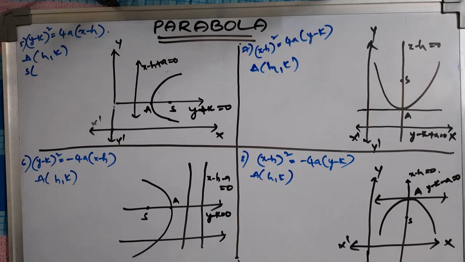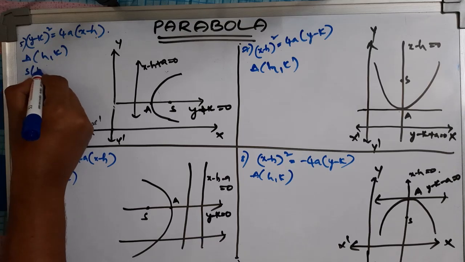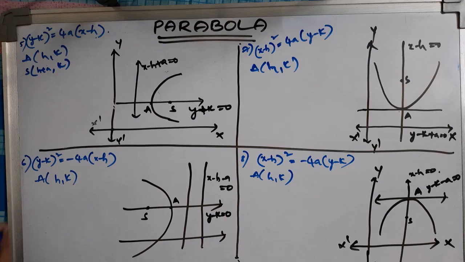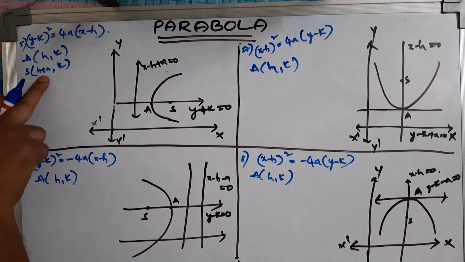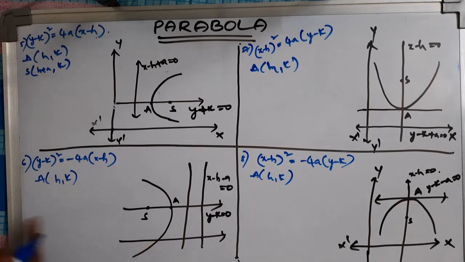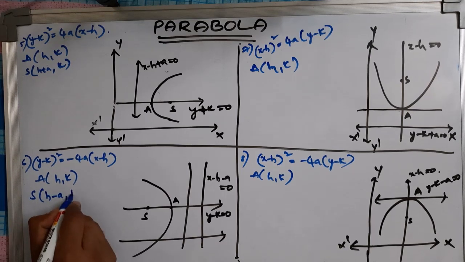The focus lies on the x-axis, on the positive side, so it becomes h plus a comma k. Here it is on the negative side, so the focus is h minus a comma k.